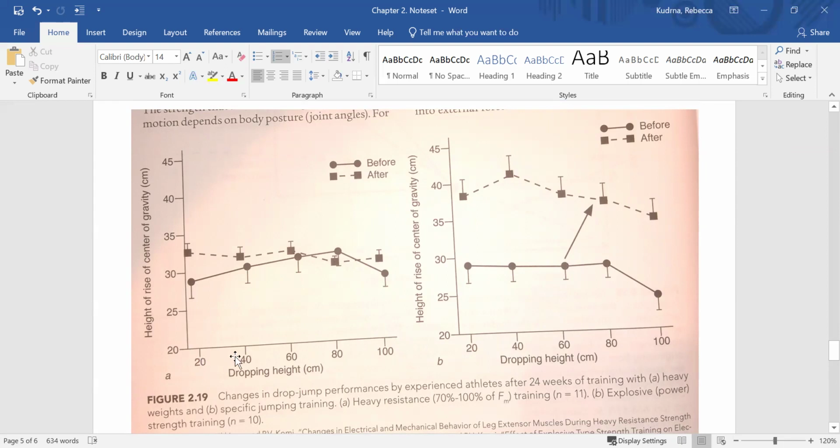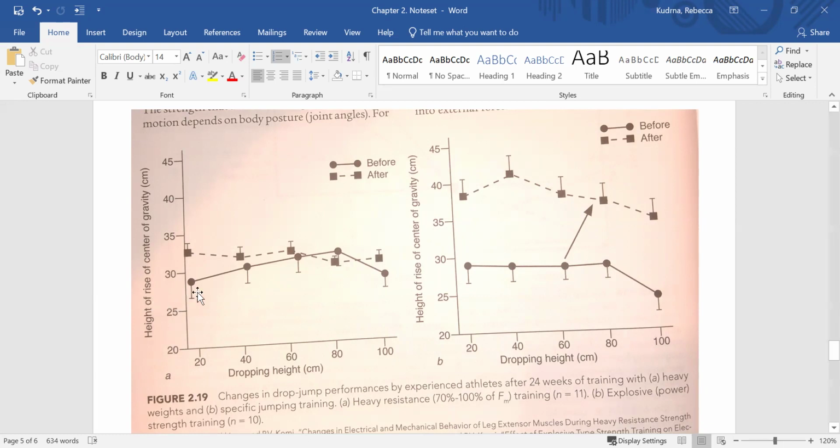So a 20 centimeter platform, a 40 centimeter platform, a 60 centimeter, 80, and a 1 meter platform. And then they would just drop off, so slip off the edge of the platform. And when they landed on the ground, try to rebound and jump as high as possible. This is a form of plyometric training you've probably seen before, again, called drop jumps.